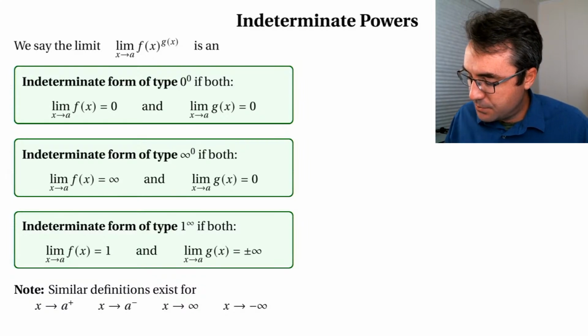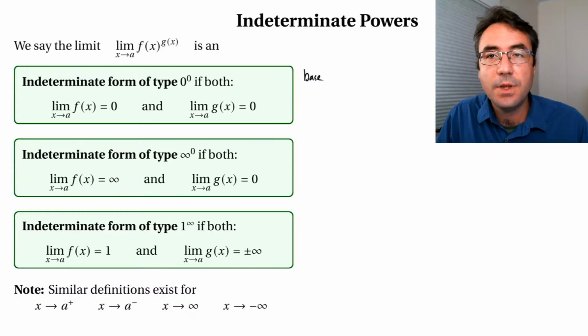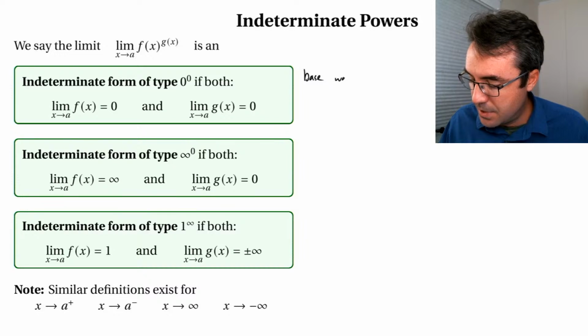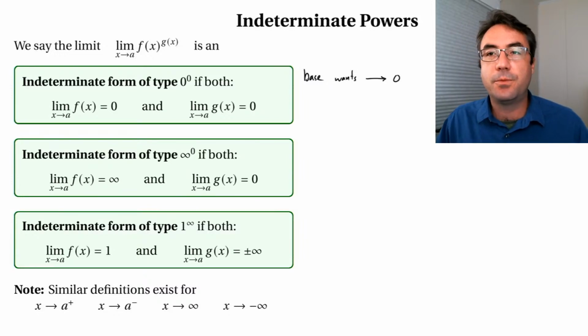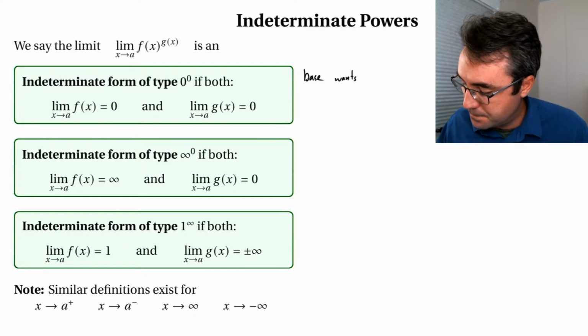And so what happens when the base term is going to 0? When our base goes to 0, it wants to make that whole expression, it wants everything to go to 0. So it wants that whole function f of x raised to the g of x to go to 0.